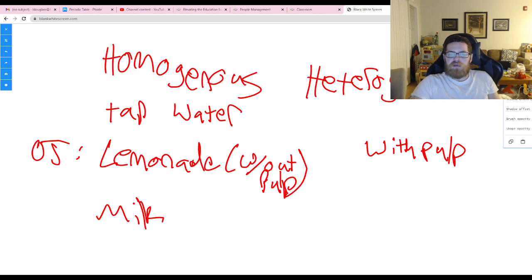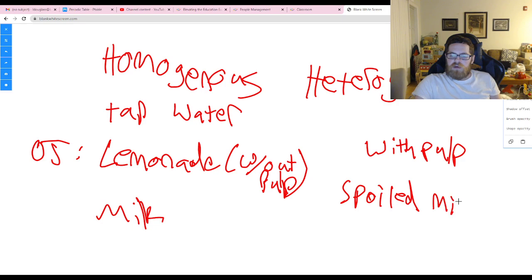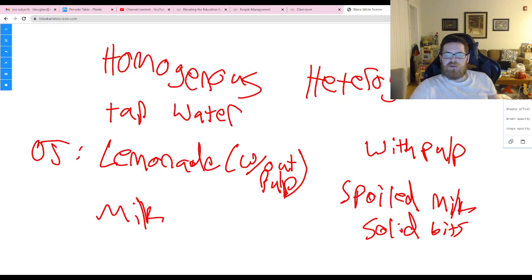Milk is homogeneous. However, spoiled milk typically starts to get solid chunks in it, and these are physically different from the other parts of the milk. If we can see and feel a physical difference, then it is heterogeneous.